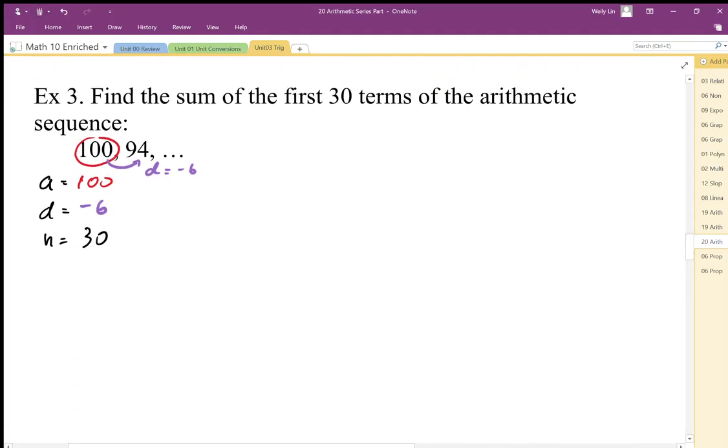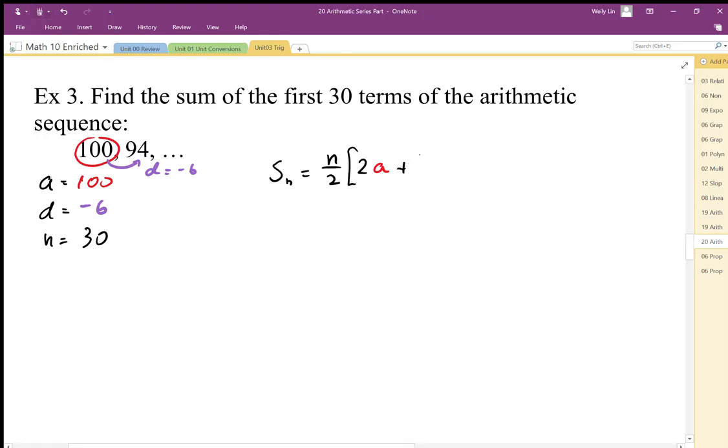The sum is going to be half the number of terms, because we're going to pair up the first and last terms, times 2 times a, plus the number of terms minus 1, so that's the number of steps.